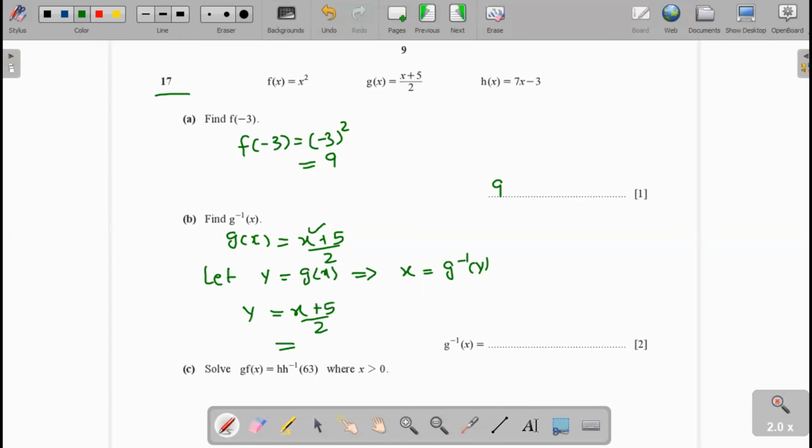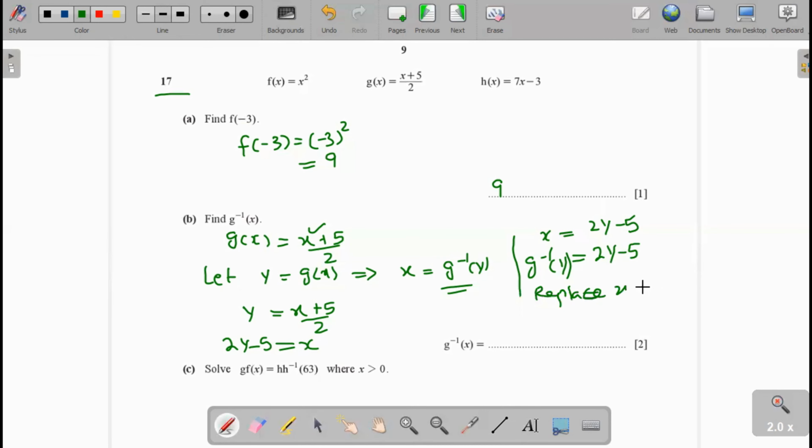Therefore, x equal to 2y minus 5, and x equal to g inverse of y. We replace y by x. Therefore g inverse of x will be equal to 2x minus 5, is the answer.